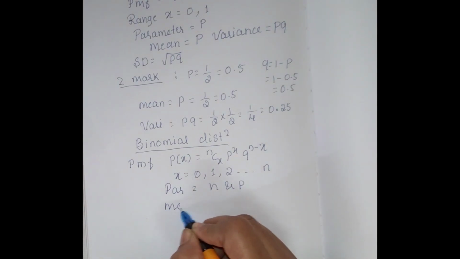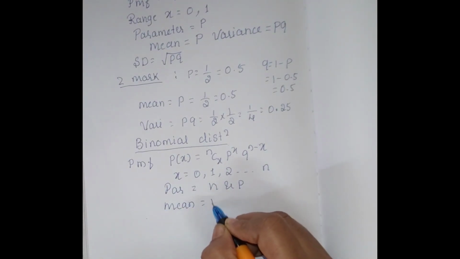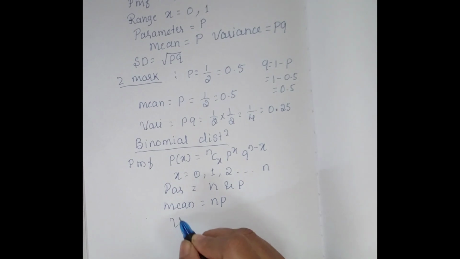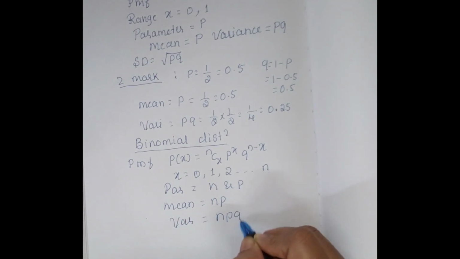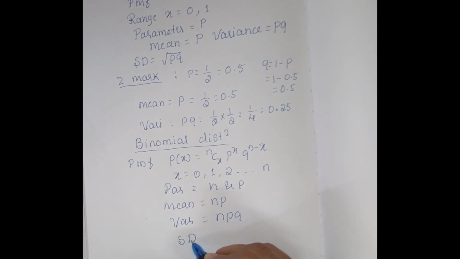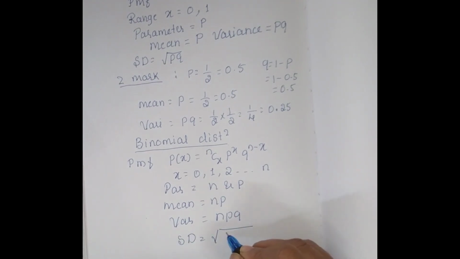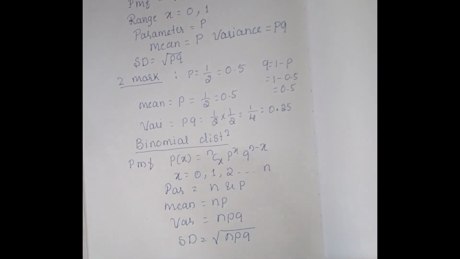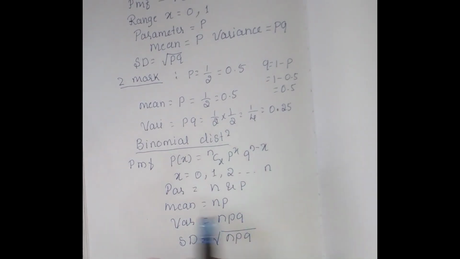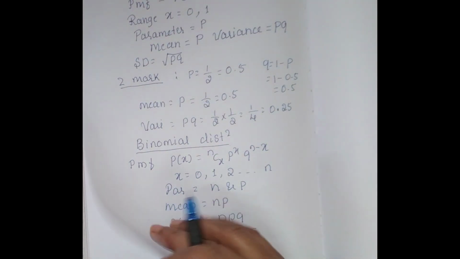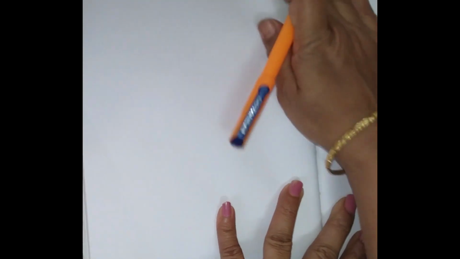Then what is the mean? Mean is equal to np. What is the variance? Variance is equal to npq. What is the standard deviation? Square root of npq. This is very important: mean, variance, standard deviation. And what is the relation between mean and variance in a binomial distribution?